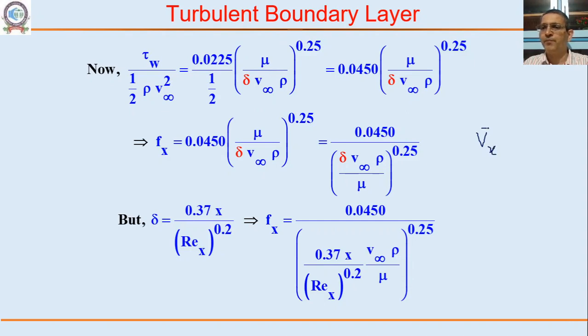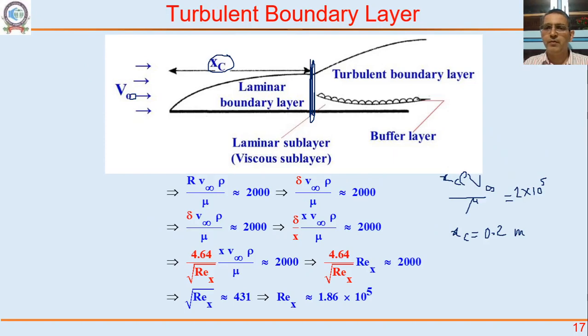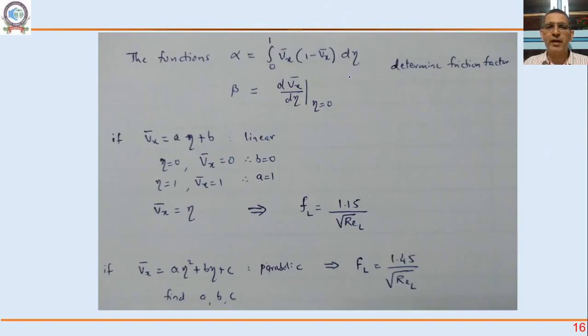Vx bar is typically 1 minus eta, whole thing raised to 1 by 7. Using this, we can calculate alpha.